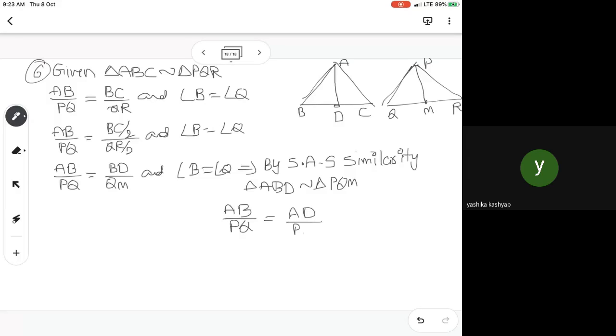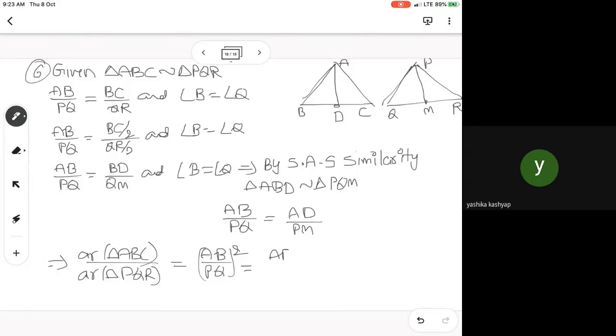So this implies that area of triangle ABC by area of triangle PQR is equal to, we know, AB by PQ whole square. So in place of AB by PQ you can write AD by PM. What are AD and PM?